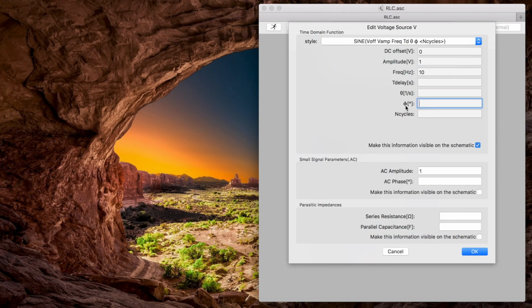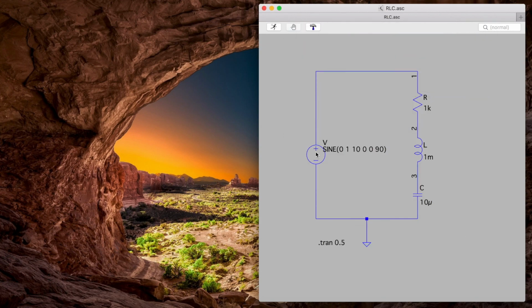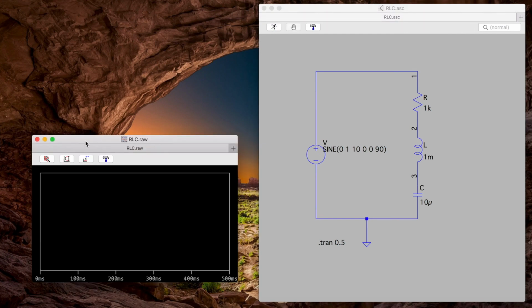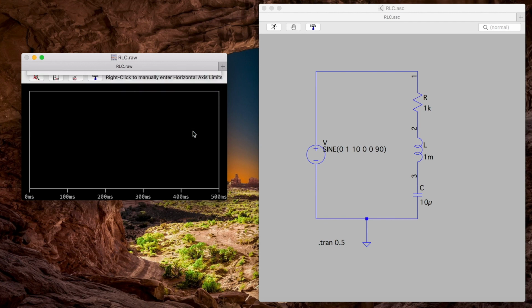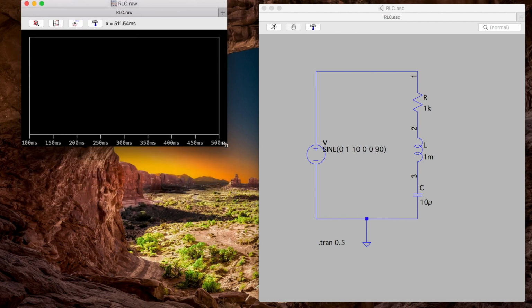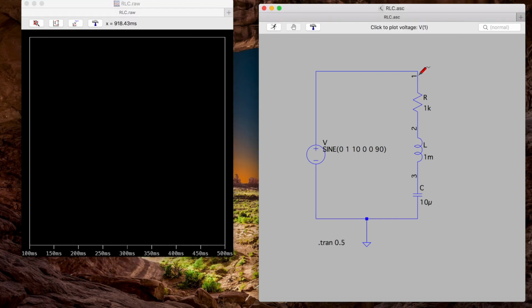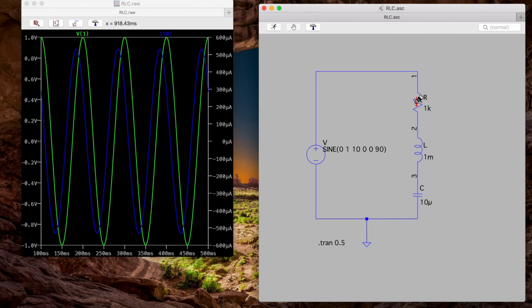So here I will select a phase of 90 degrees. And run. I change the limit as before, and I display V1 and the current.